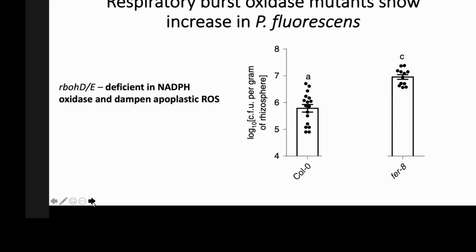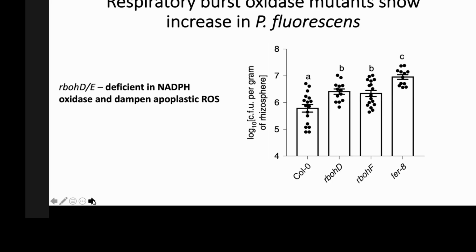So here again is log CFU for wild type. For the FAIR8 mutants, you see this increase in bacteria. And then for these two mutants, RBOHD and RBOHF, we still see that there's an increase.